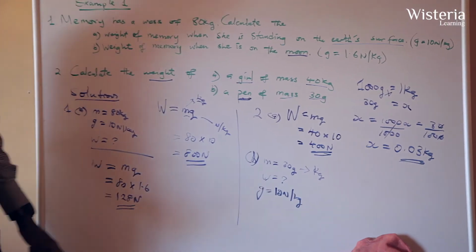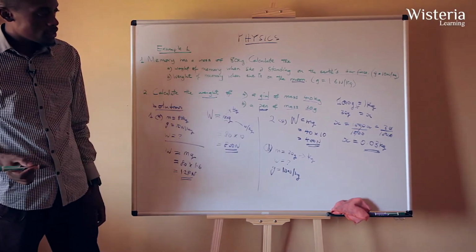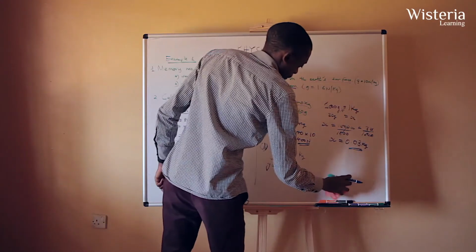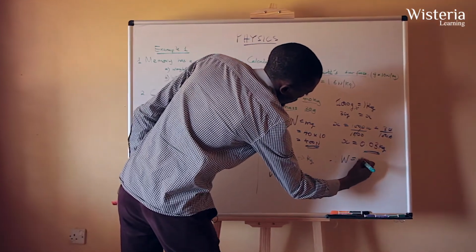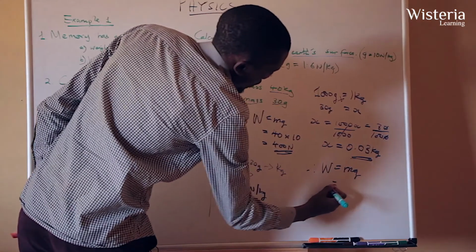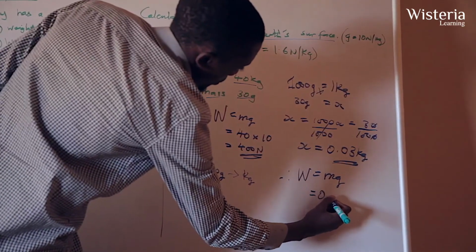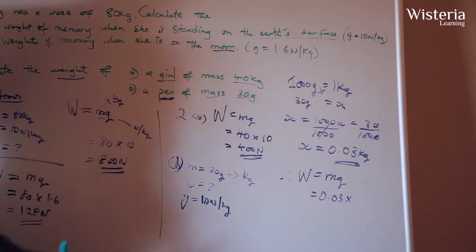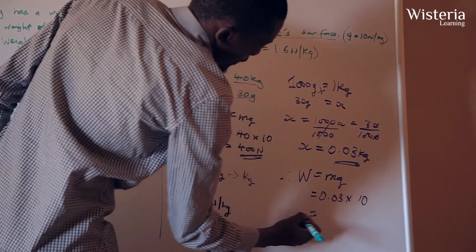Therefore we can now calculate the weight of this pen which has mass 0.03 kg. And how do we do that? We just say weight is equal to mass times gravity, and we'll say our mass is 0.03 and our gravity acting on the pen is 10 Newton per kg.